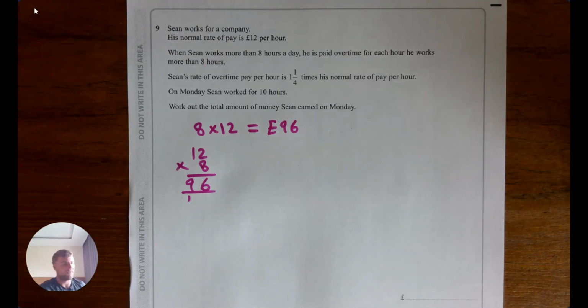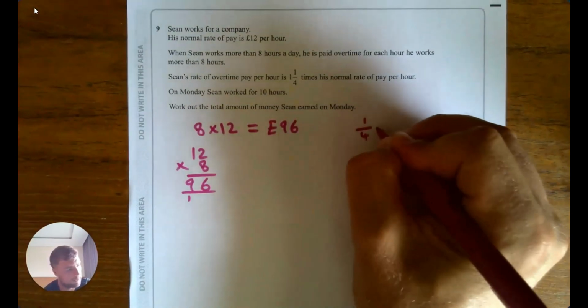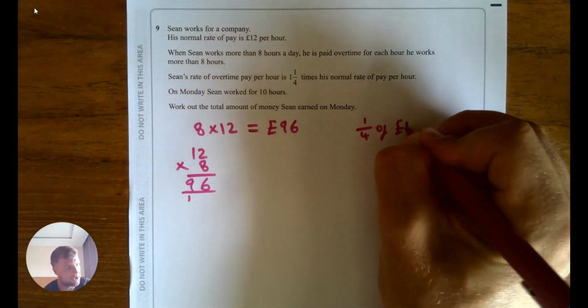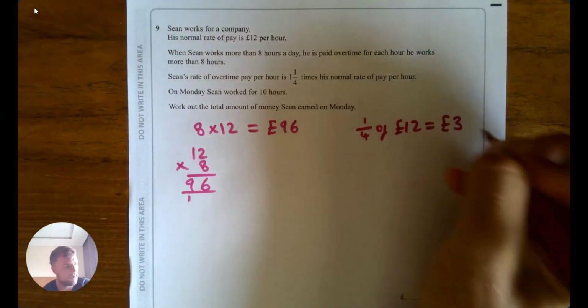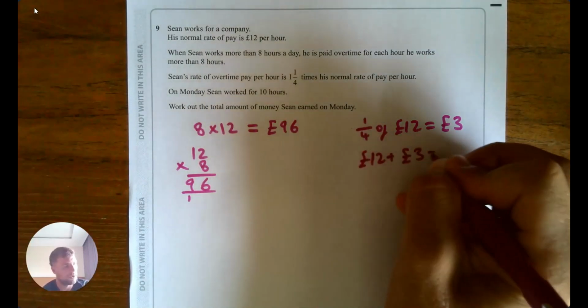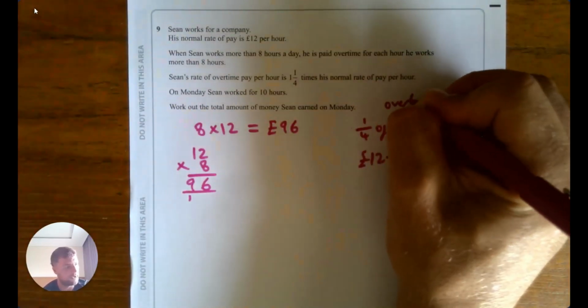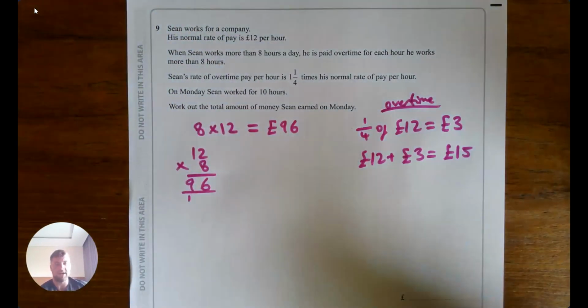We then need to work out the overtime pay, which is 1.25 times the normal rate. So if you work out a quarter of the normal rate, which is £12, that's £3. And then if you add that onto the normal rate, we can work out that he gets paid £15 for the overtime rate.